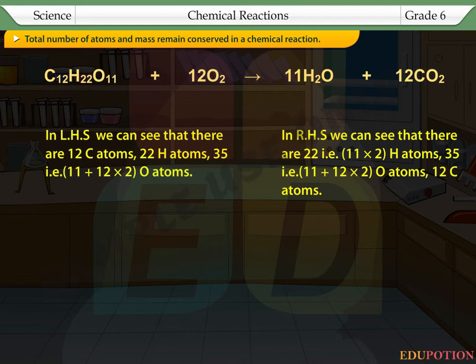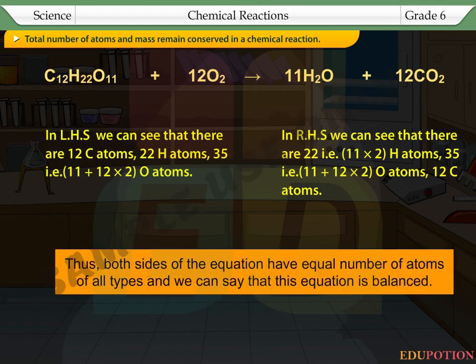In RHS, we can see that there are 22, that is 11 into 2 hydrogen atoms, 35, that is 11 plus 12 into 2 oxygen atoms, 12 carbon atoms. Thus both sides of the equation have an equal number of atoms of all types, and we can say that this equation is balanced.